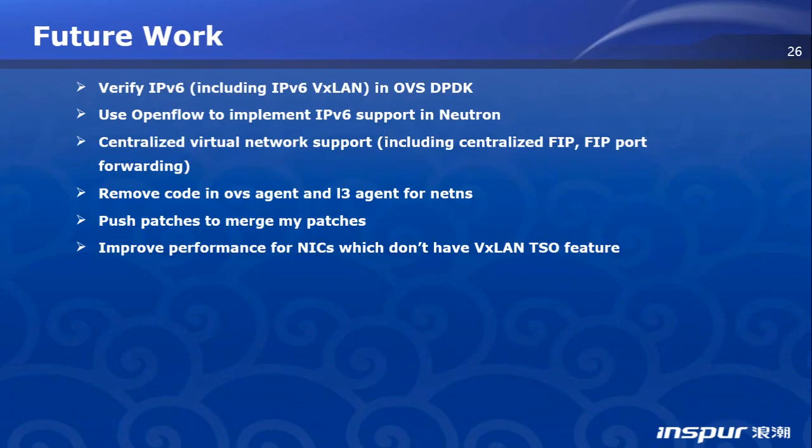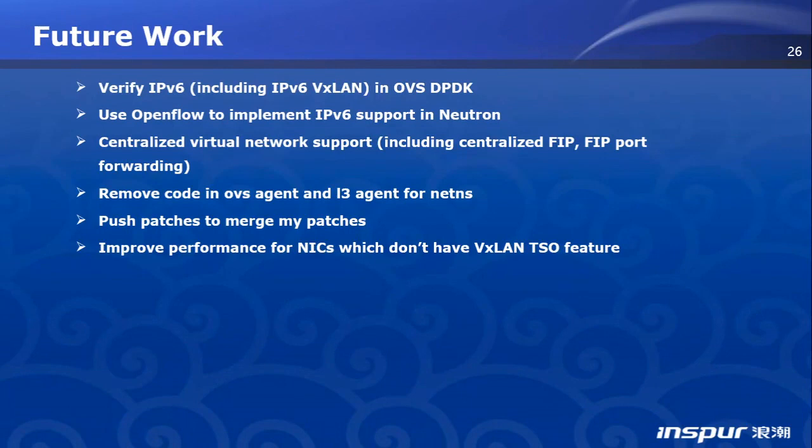In the future, we still have some jobs to finish. We need to verify IPv6 in OVS DPDK in the OpenStack environment. We need to implement IPv6 support by OpenFlow. We also need to support centralized network in Neutron by implementing floating IP port forward and centralized floating IP.